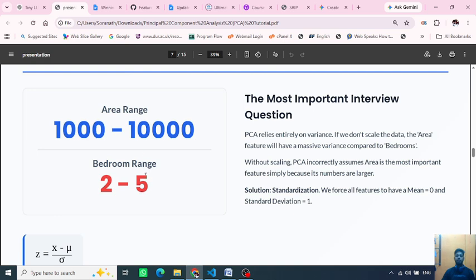If we apply PCA on this data, PCA incorrectly assumes the area is the most important feature because of its large values. So before PCA, we need to scale or standardize our data so that all the columns look the same in range. Now if we apply PCA, it will work correctly.